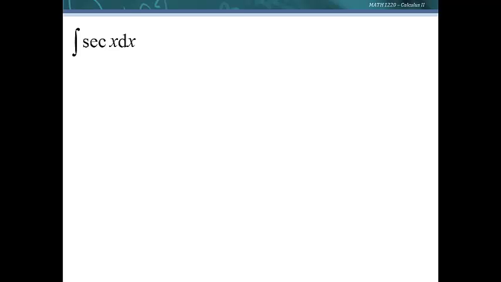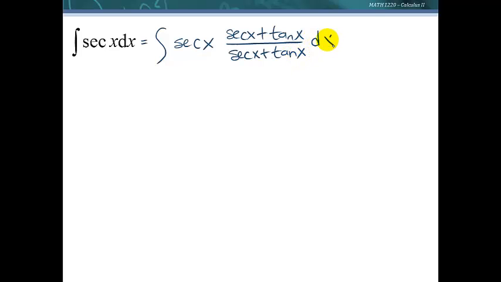Now we want to consider finding the integral of secant x dx, and this one's going to involve a little bit of a trick in knowing what to multiply by. So we're actually going to multiply by, well, it's going to be 1, but it's not going to look like 1. We are going to multiply by secant x plus tangent x over secant x plus tangent x, because anything over itself like this equals 1.